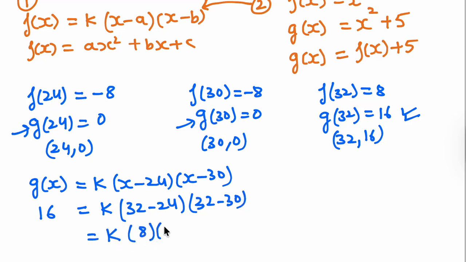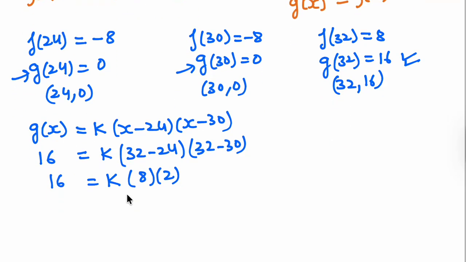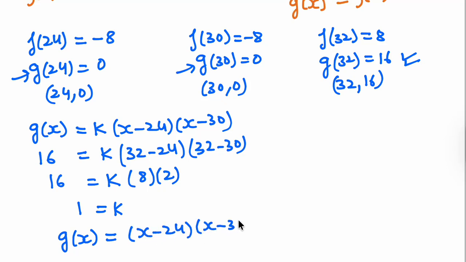This is 8 and this is 2, 16. So dividing by 16 on both sides, k is equal to 1. Now I have the proper equation of g(x). So g(x) is equal to k, which is 1, times (x minus 24) and (x minus 30). Clear till here?